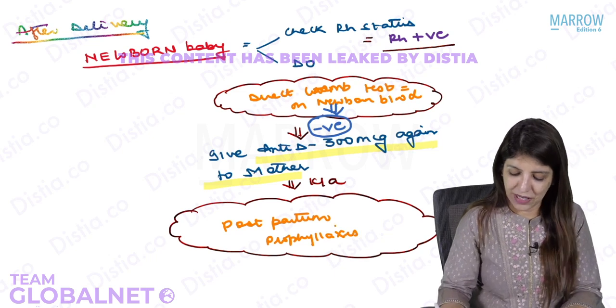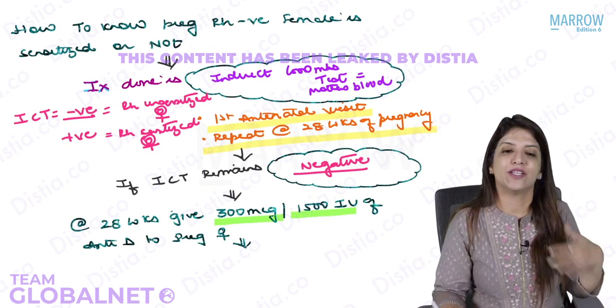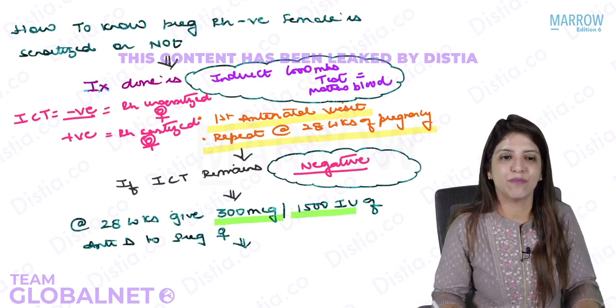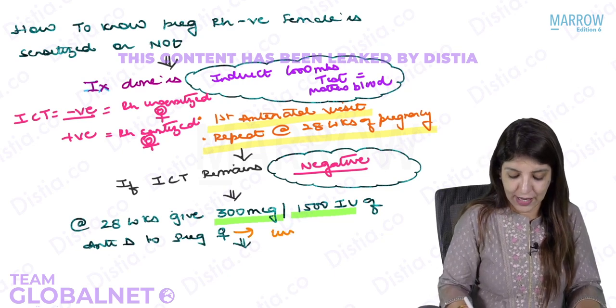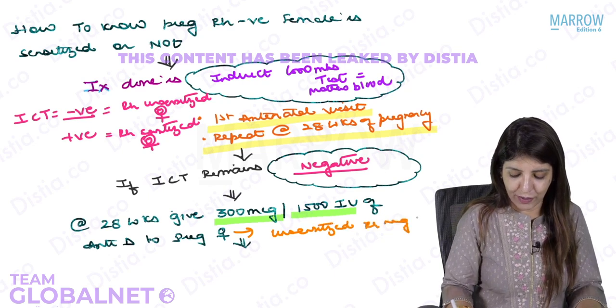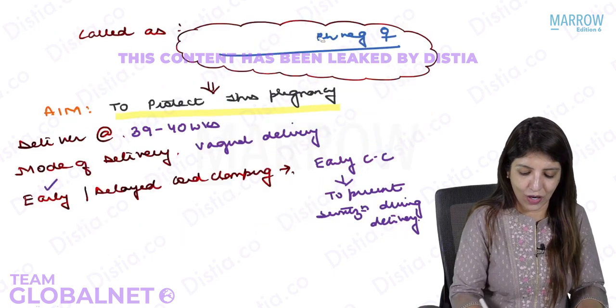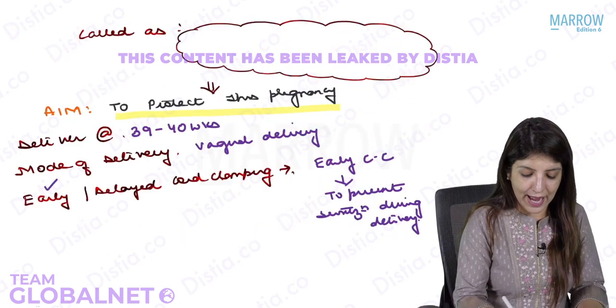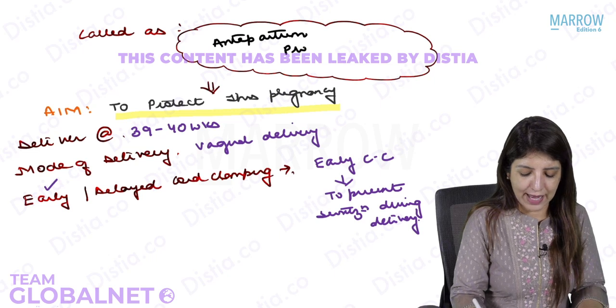Right? Please just make a small change over here. When you are giving 300 micrograms of anti-D at 28 weeks of pregnancy to the pregnant female, definitely you are giving anti-D to the unsensitized Rh negative pregnant female. And this is called antepartum prophylaxis.